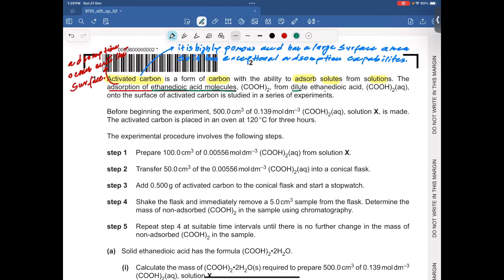From dilute ethanoic acid can adsorb, because ethanoic acid molecule has different sort of functional groups. I think ethanedioic acid molecules is favorable for adsorption because of different types of interactions like van der Waals forces and hydrogen bonding.